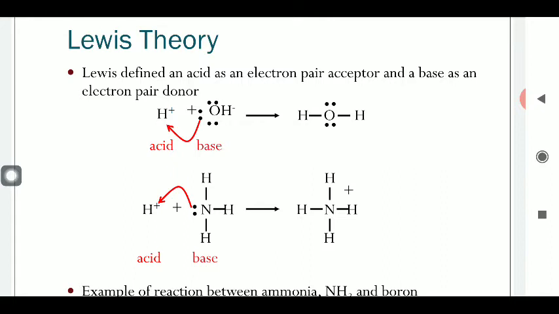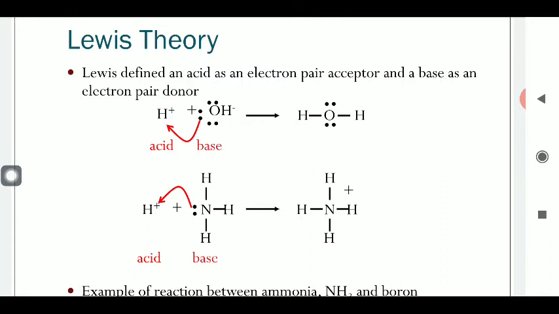This point is not included in the previous theories, that is the Arrhenius theory as well as the conjugate acid-base theory. Now all previous theories basically depend upon proton transfer, clear?